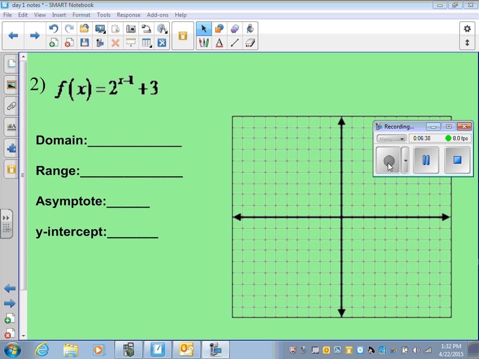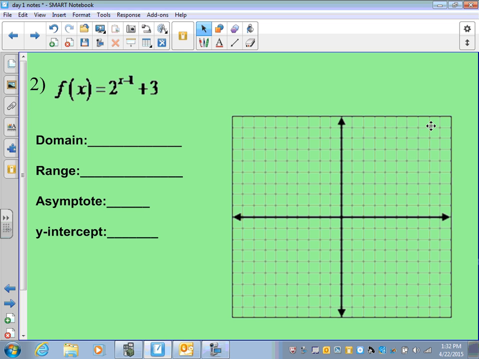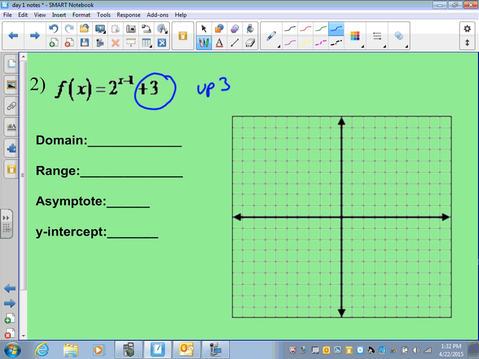Okay, here's an example. I'm going to do 2, and I expect you to do 3. The function, we have a plus 3 adding on the outside. So that means that I'm going to go up 3.